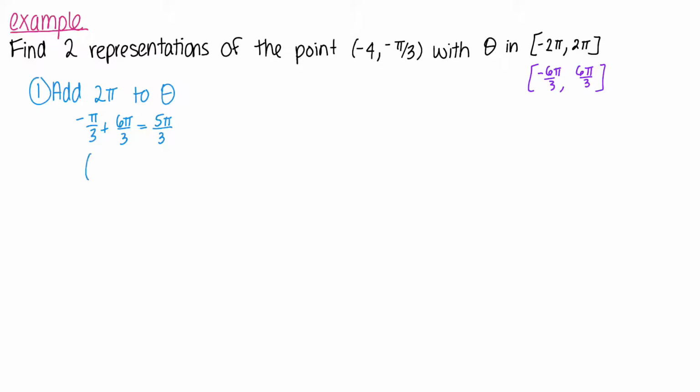So my point, I will keep the r value and then 5 pi over 3. Now I have to change the r value. For my second point, I'm going to make it the opposite sign, and then add or subtract pi, not 2 pi, but pi, from negative pi over 3.